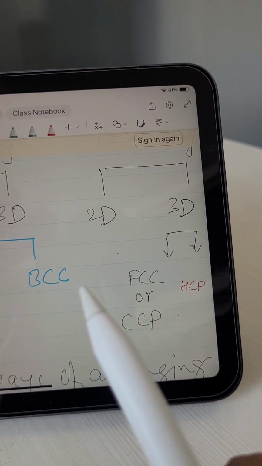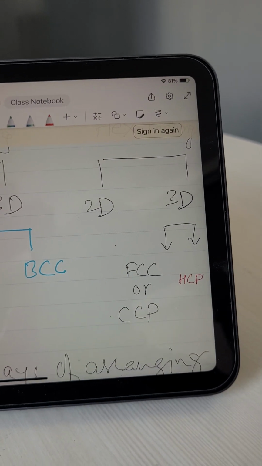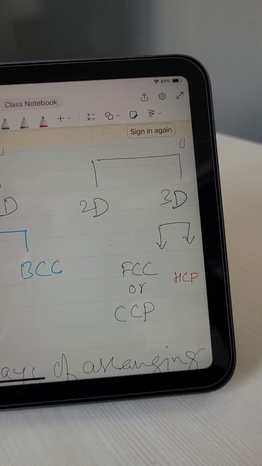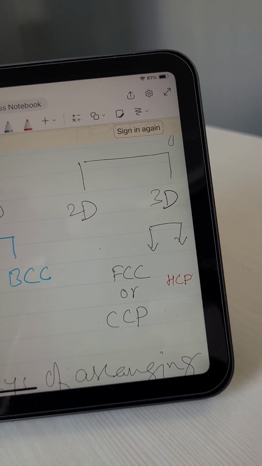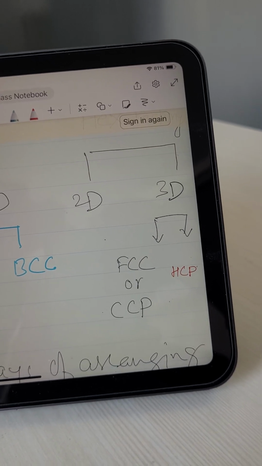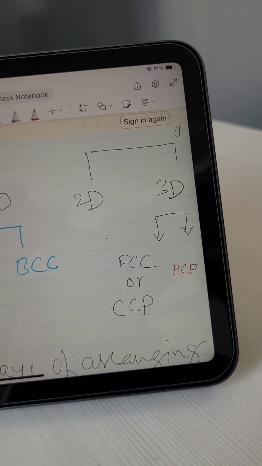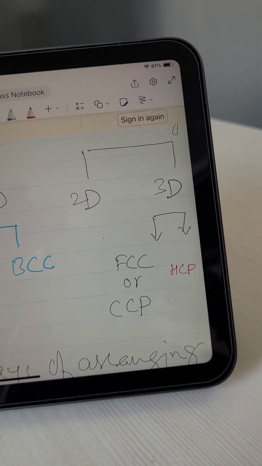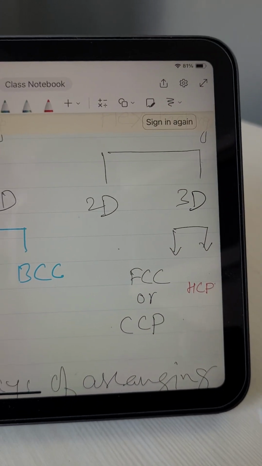In hexagonal, 3D could be FCC or CCP, that is face centered cubic and cubical close packing, and HCP. HCP is not mentioned in the syllabus, but it has been asked many times indirectly. It is not useful for the medico kids, but they must know the basic cell structure because it is given in the classification.